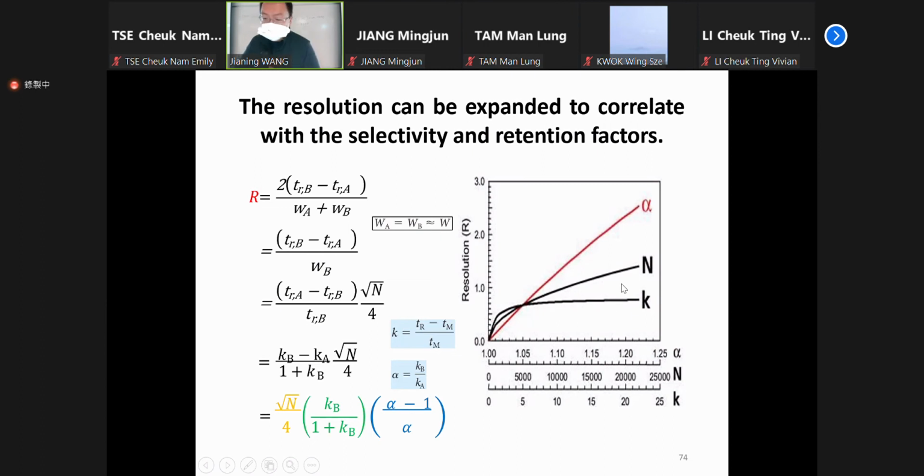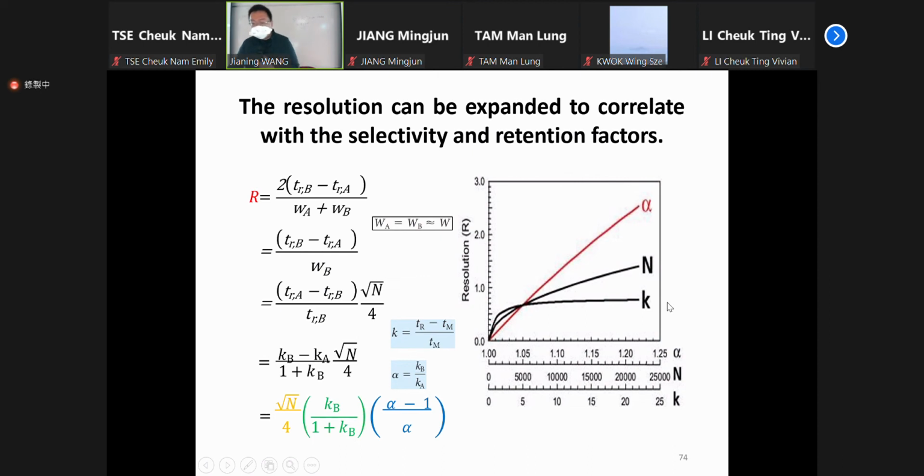Let's see the k, the retention factor. When k is quite small, when you increase k, you can increase resolution dramatically. But when k becomes bigger, it almost cannot contribute to resolution.